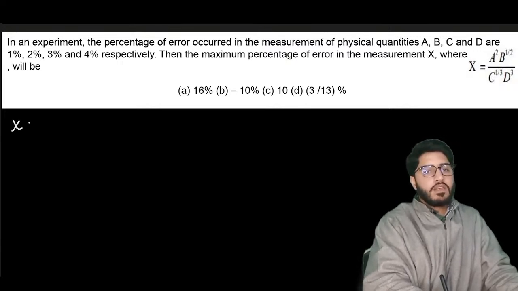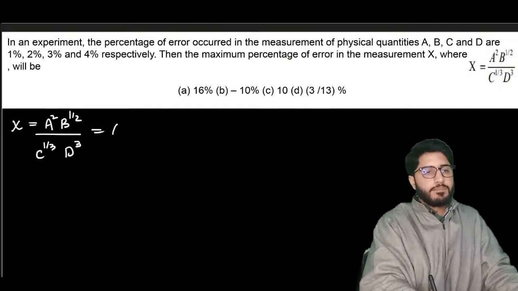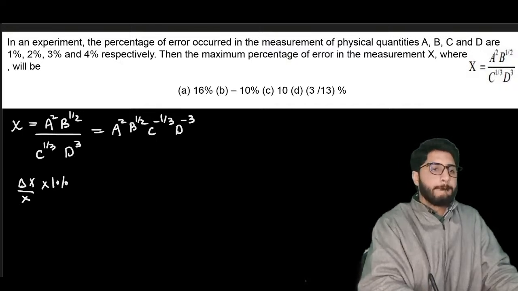X equals A square B to the power 1 by 2 C to the power minus 1 by 3 D to the power minus 3. So the error delta X by X, we have to find it in percentage, multiplied by 100.